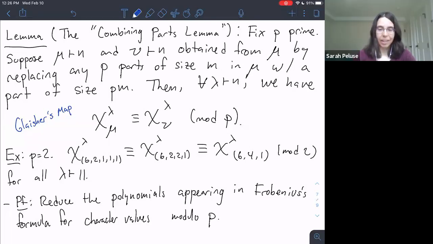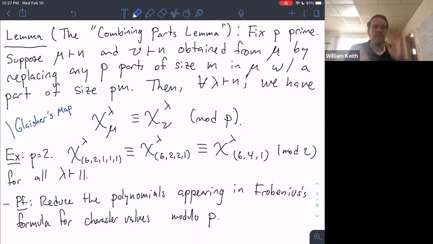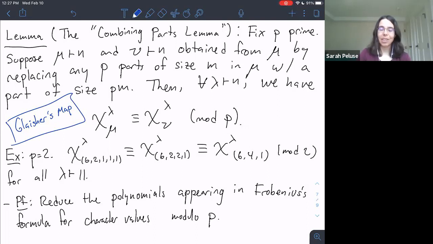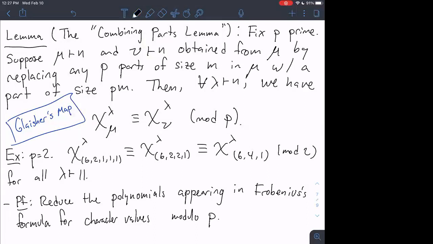This is really interesting. I'm not really a partitions person, so any reference to other things that this is connected to is interesting to me. So I'll look into this and see if there's any synergy there. It's good to know that at least for p equals 2, this has a name. Okay, awesome. Thanks.